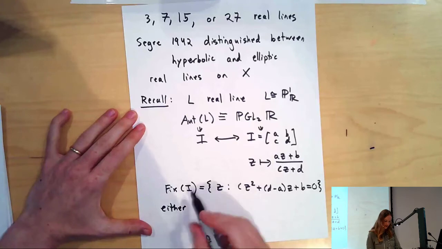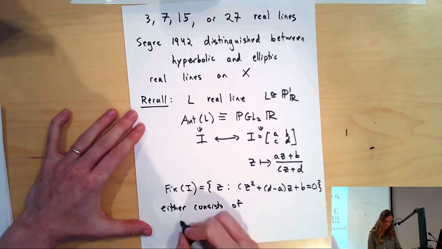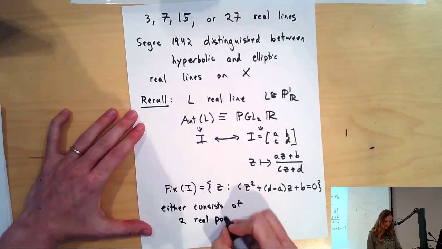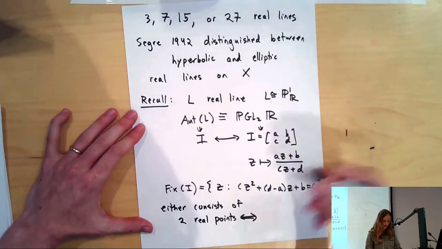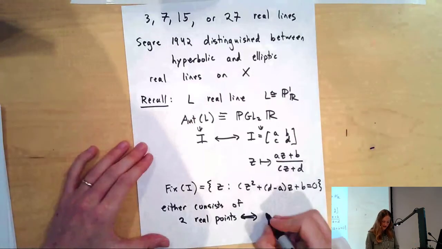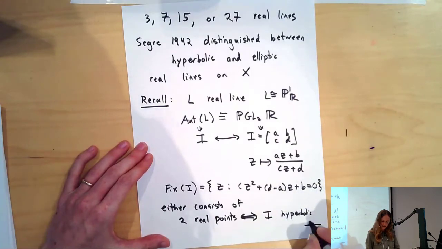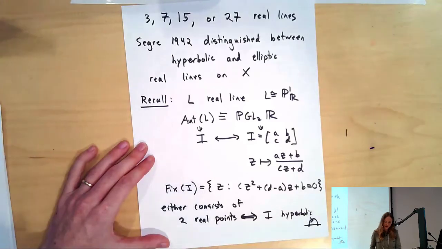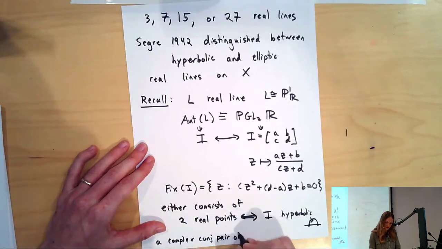So these fixed points either consist of two real points, which means that I is hyperbolic, and it's some sort of flow between these two fixed points. Or a complex conjugate pair of points is the fixed locus, and we say I is elliptic.